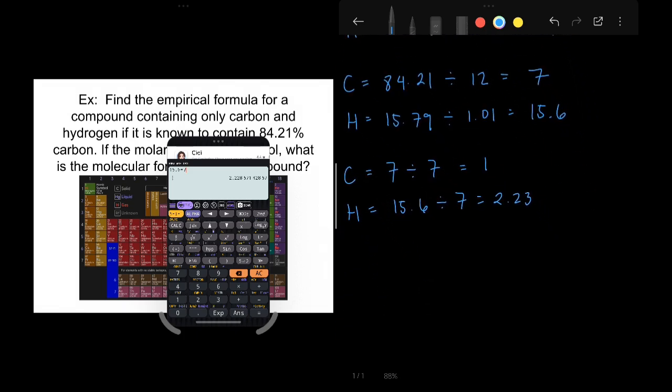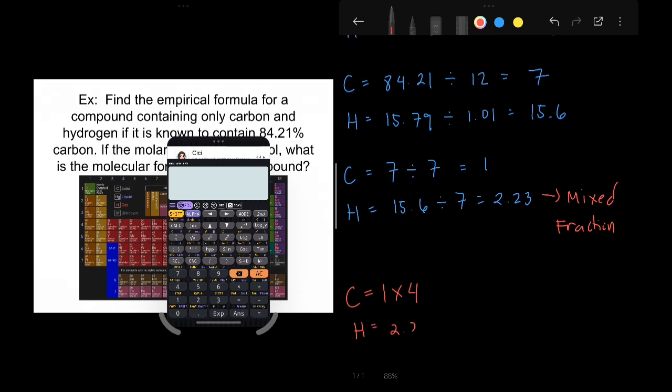So since we have here a mixed fraction, we're going to multiply it by 4. So carbon 1 multiplied by 4, and then hydrogen 2.23 multiplied by 4.